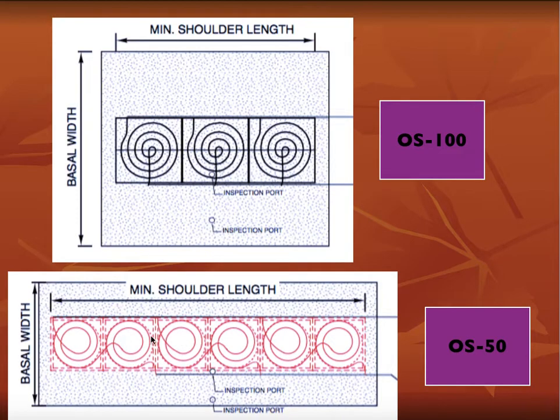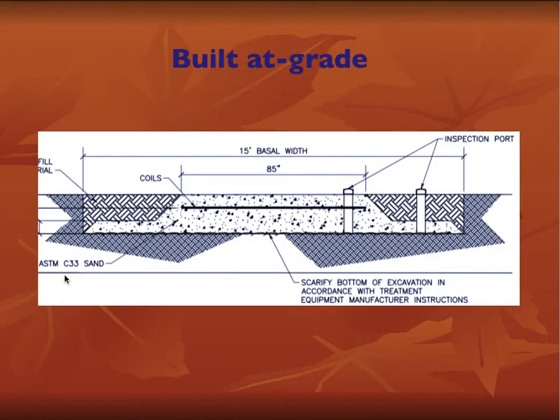And so you have 3 laterals of 2 coils each. Now up here, in this case using OS 100s, for the same design flow, each coil is its own lateral. So each coil will have its own connection to a supply and flush line. So you'll have 3 coils, 1 coil per lateral. Again, all of that's spec'd out in the tables that we have in the design manual.